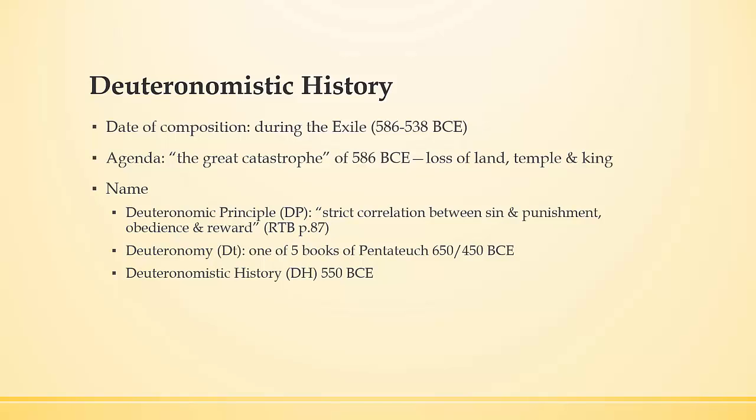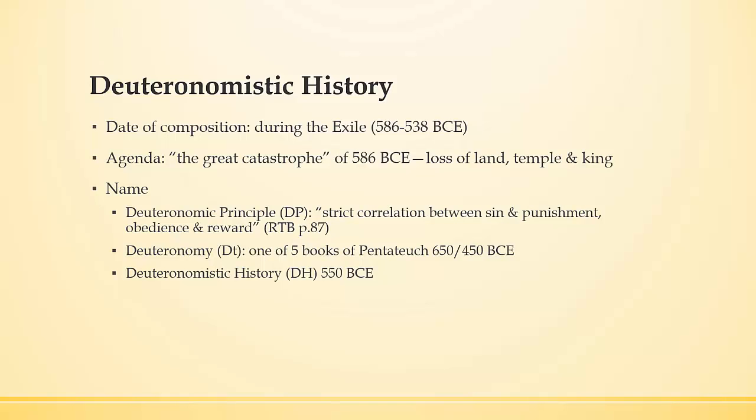The Deuteronomic principle was first developed in the book of Deuteronomy, the last book of the Pentateuch, which was written about the year 650, and then 200 years later became incorporated into the Pentateuch or the Torah after the return from the exile.